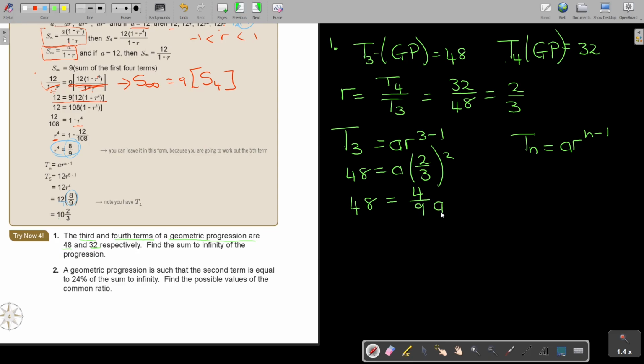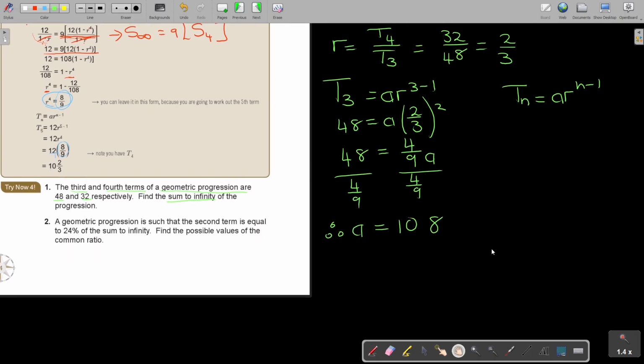If I simplify that, I divide by 4 over 9, so multiply by the reciprocal, 9 over 4. And then I get that the value of a is 108. Now they are asking me to find the sum to infinity.